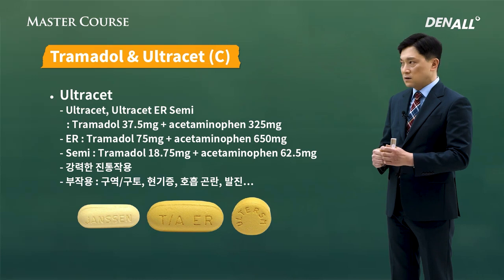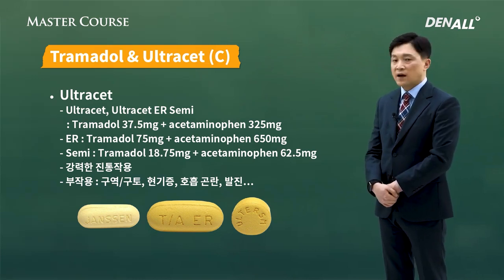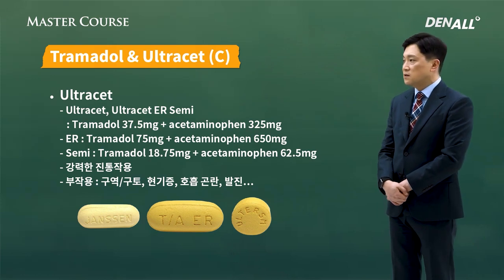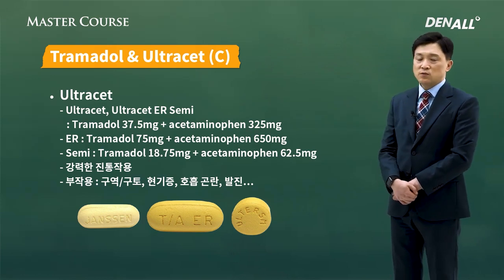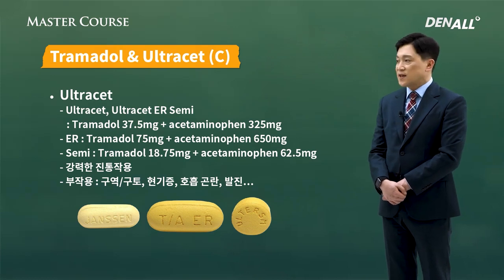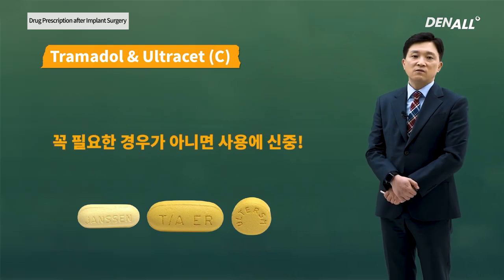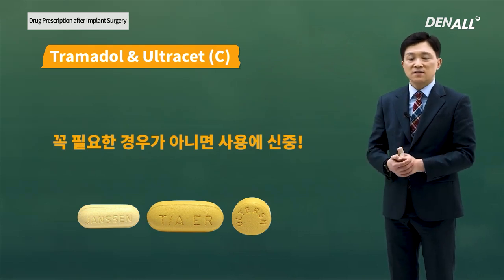There are many formulations and dosages. It is most widely used in the orthopedic department. The analgesic effect is very strong, but it has strong side effects. Therefore, if it is not absolutely necessary, you need to be careful in prescribing this.